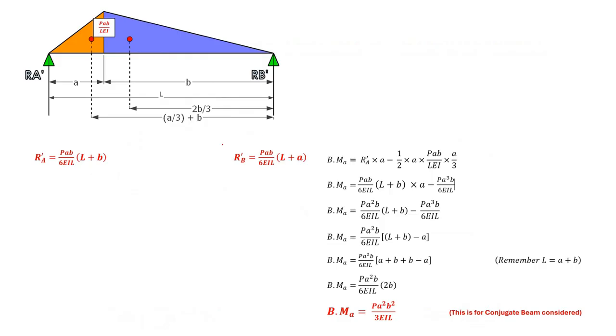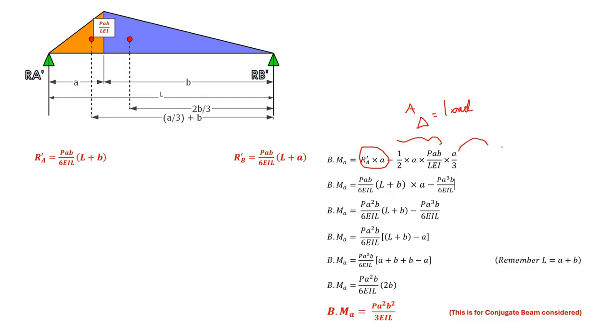Now proceeding further, you can see that the bending moment at point A equal to RA dash into A minus half times A into PAB by LEI into, so this is the total area of the triangle. So this area of the triangle is equal to the total loading acting on the conjugate beam.